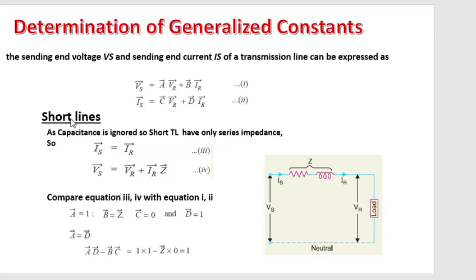For a short transmission line, where the equivalent circuit is given in this figure, you can see we have a sending end voltage, a series impedance consisting of a resistance and inductance, and a load, and the voltage across the load is Vr.